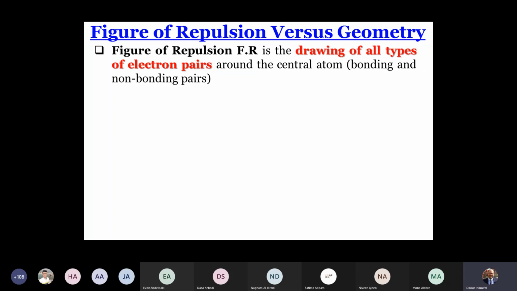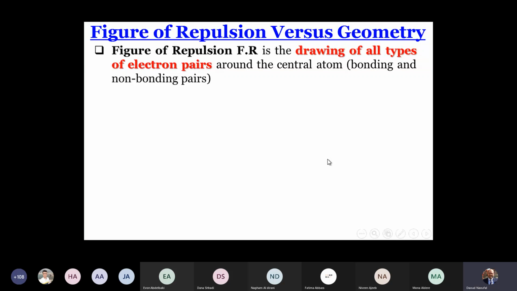We draw the non-bonding pair, the NBP, and we draw the bonding pairs, the BP. When we draw all EPs around the central atom, this is the figure of repulsion. Why the figure of repulsion? Because this is the repulsion between all types of valence electrons around the central atom.